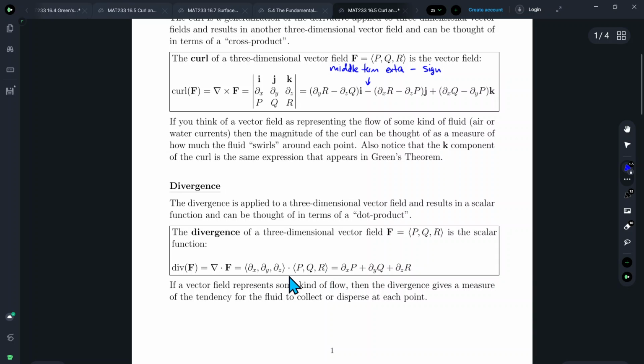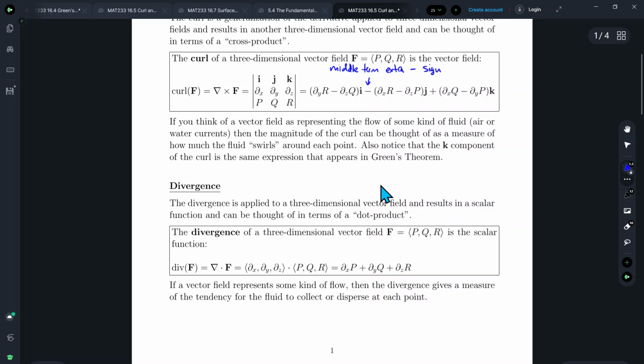So you apply each corresponding operator to the corresponding component. So del x applied to p, plus del y applied to q, plus del z applied to r. And then the result here is a scalar function. Again, if the vector field represents some kind of flow, then the divergence calculates the tendency for the fluid to collect or disperse at each point.